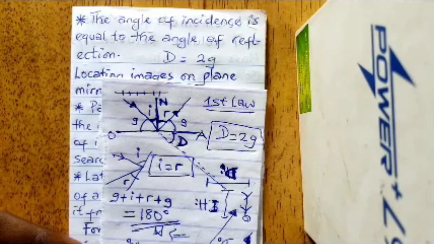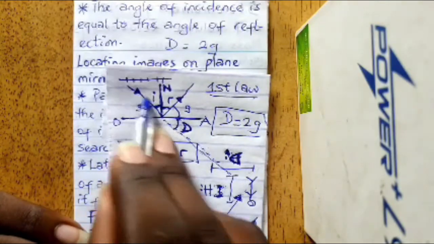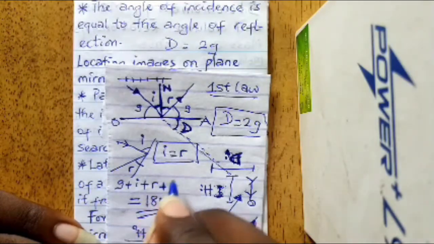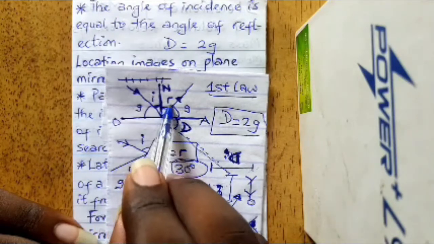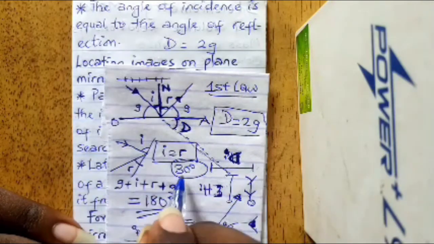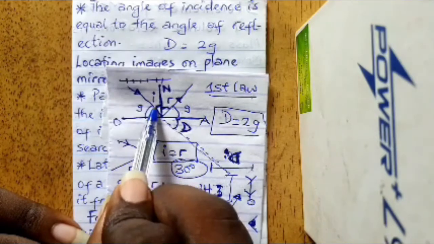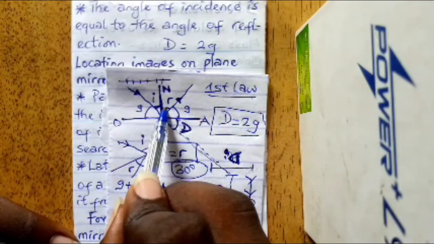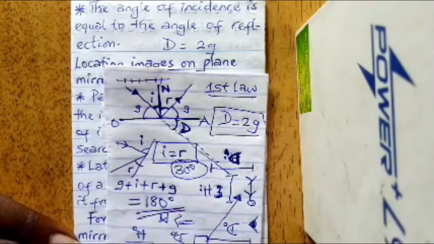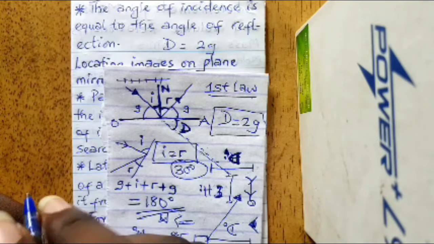So if, for example, you have an angle of incidence of 30 degrees, automatically our angle of reflection will also be 30 degrees. If this is 30 degrees and this is 30 degrees, the sum of these two gives us 60 degrees. The sum of angles on a straight line is 180, so 180 minus 60 gives us 120 degrees.